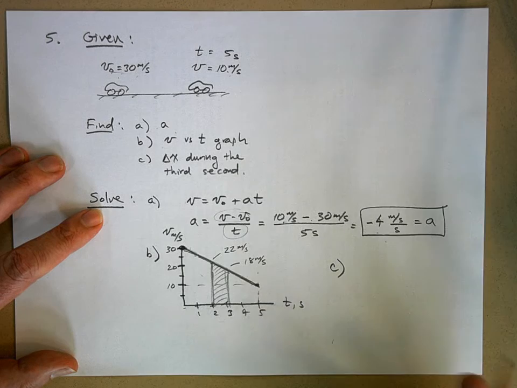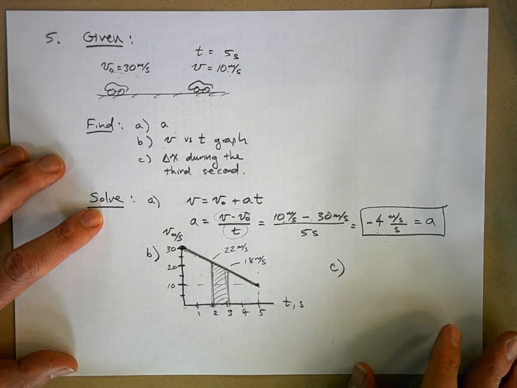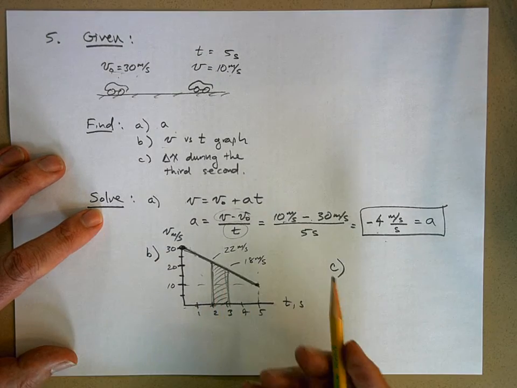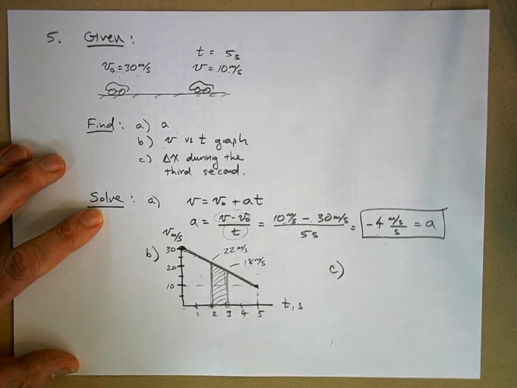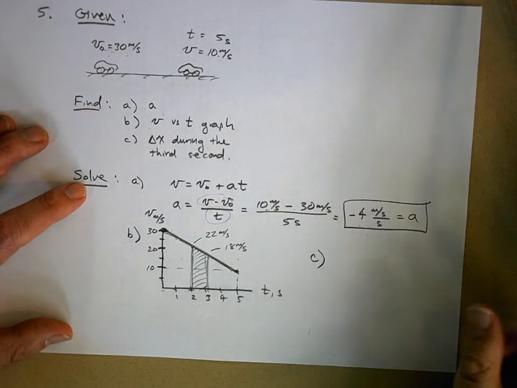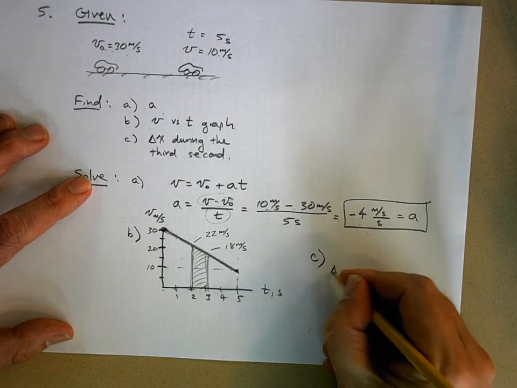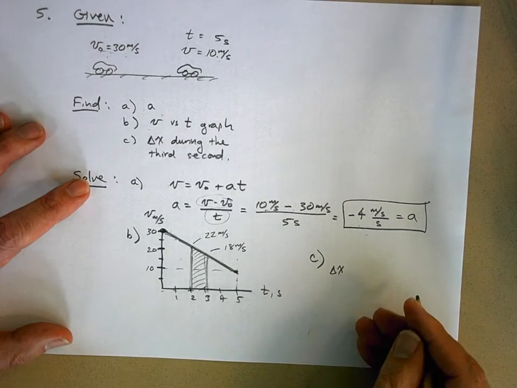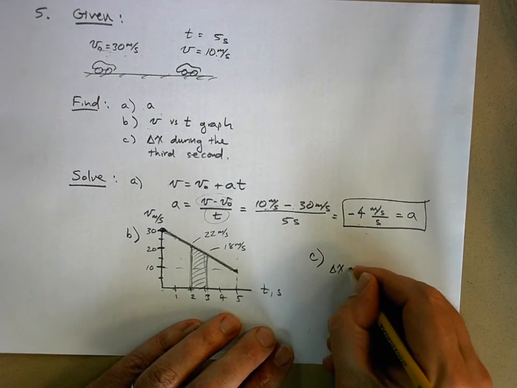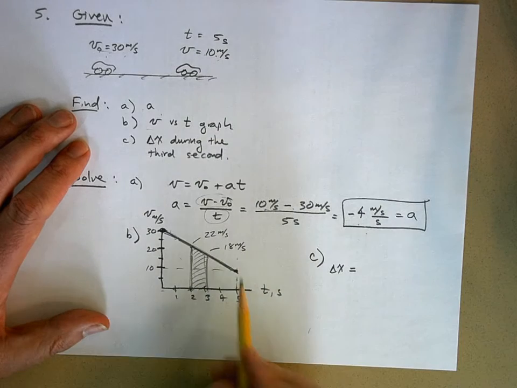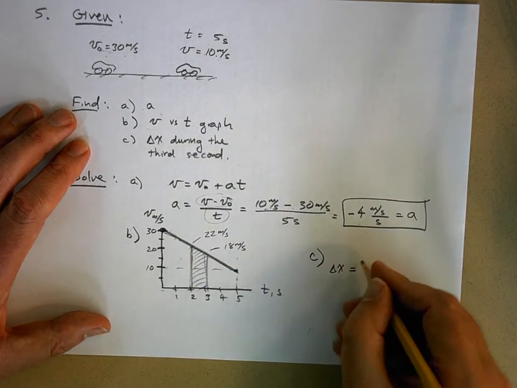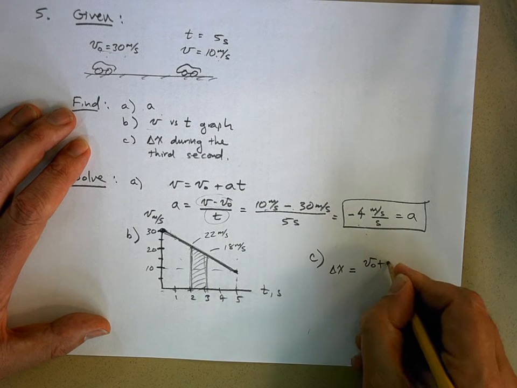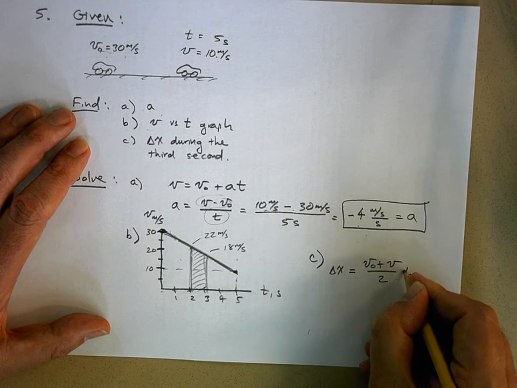Now I can find the area of a trapezoid. I can break it up into triangles or rectangles, whatever you want to do. I'm going to do it 2 ways. I'm going to find delta x by using the second kinematic equation. And the second kinematic equation says the initial velocity plus the final velocity divided by 2 times the time.